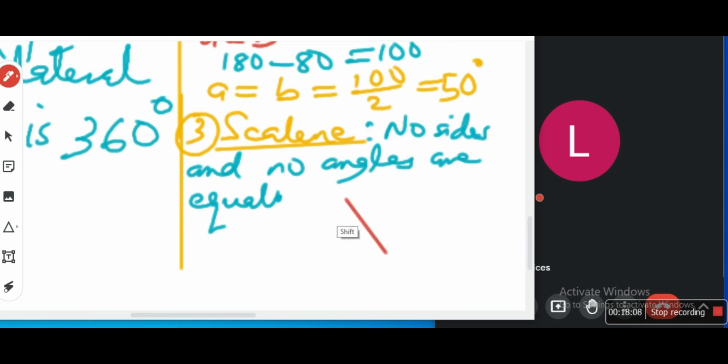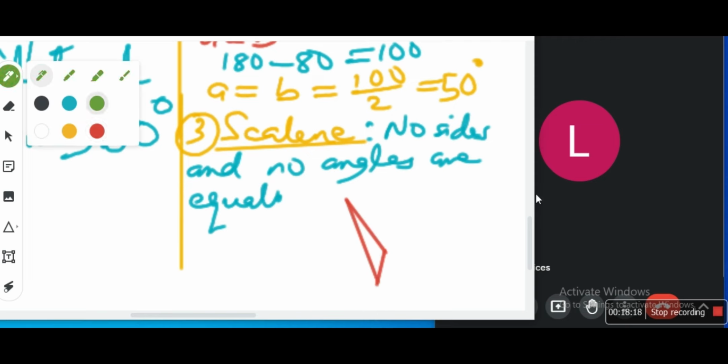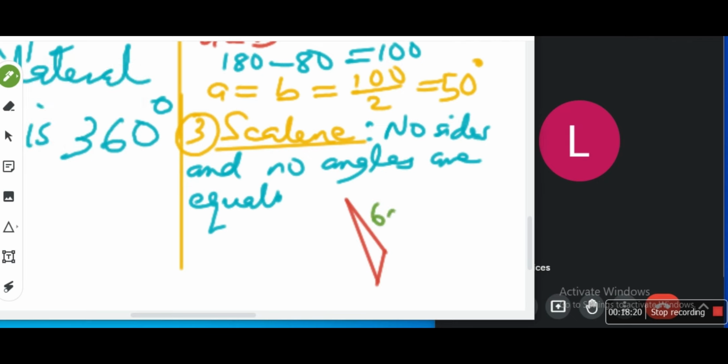Maybe this and this and this. This is a scalene. No side is equal to each other. If I give this one 6 centimeter, and give this one 2 centimeter, and give this one 7 centimeter, all the sides are different. So it's a scalene. So the angles will also be different. The angle here, the angle here, and the angle here will all be different.